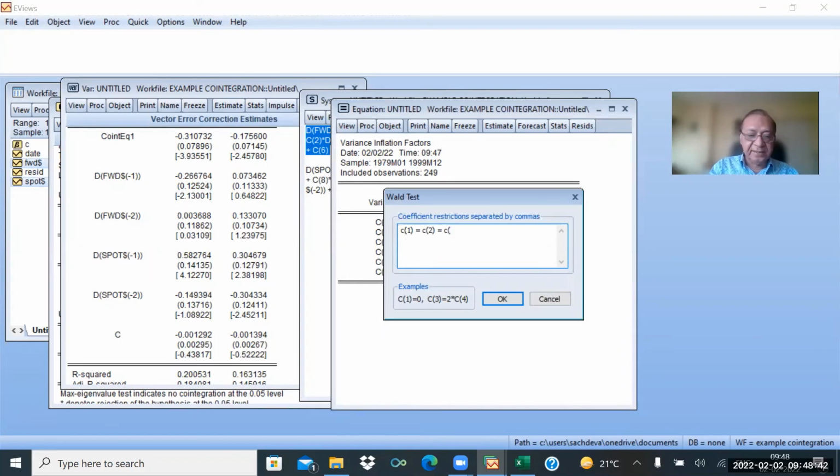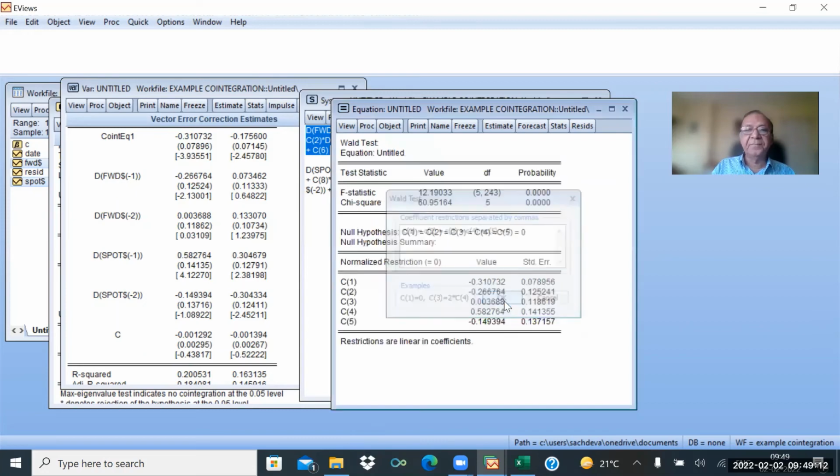You can also check it individually, whether they are 0. You can see the probability also, that T-stat will also tell you, but you can do the Wald test also. So in both the cases, you can see C4 equal to C5 equal to 0, whether they are all 0 or not. So we can do this Wald test.